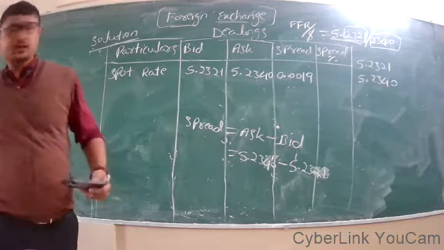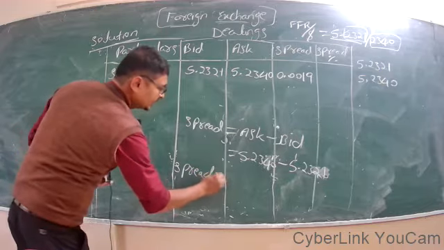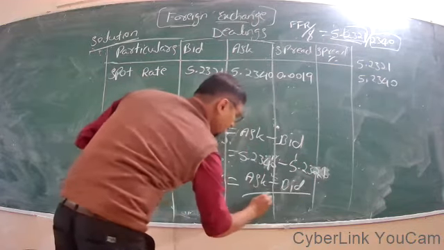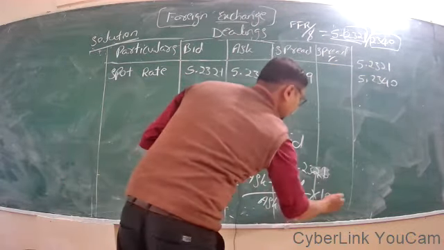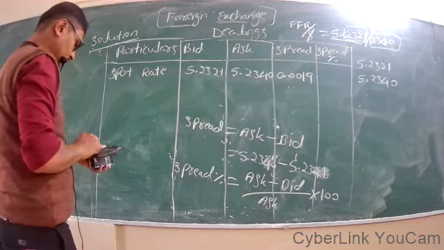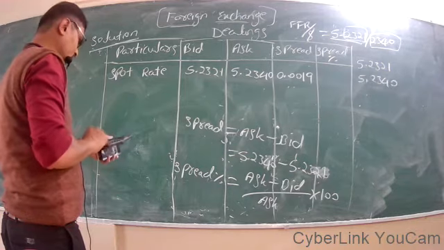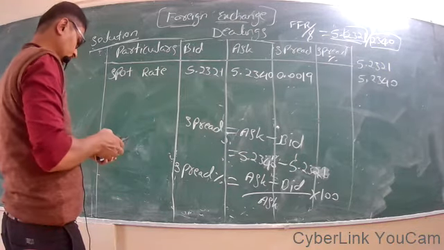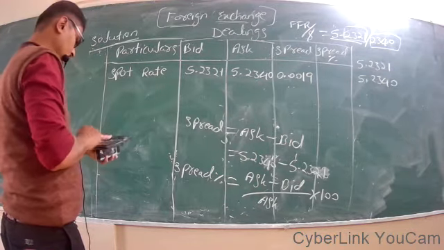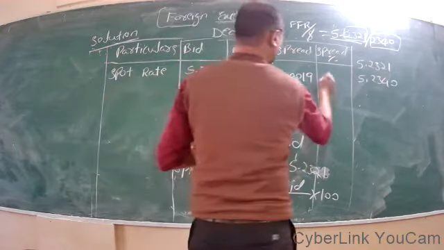Now, also calculate spread percentage. The spread percentage formula is ask minus bid divided by ask price multiplied by 100, right? So it is 0.03%.